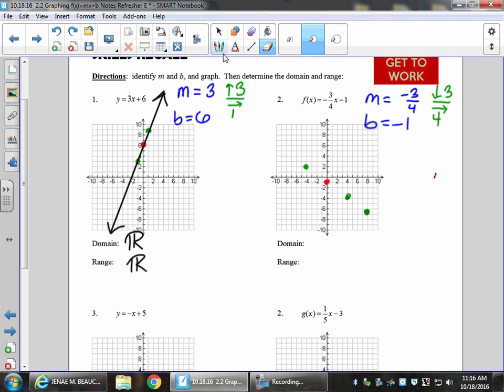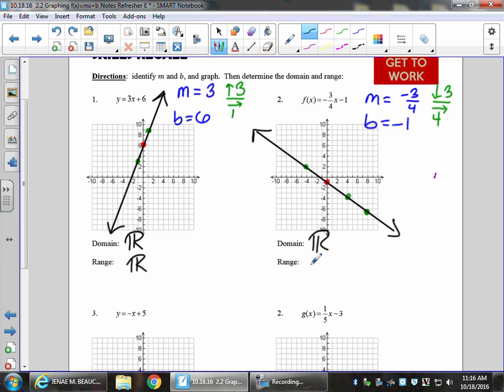Let's graph our line using our straight edge, nice and neat. What's my domain? Yes. Range? Good. Let's do a quick yes.